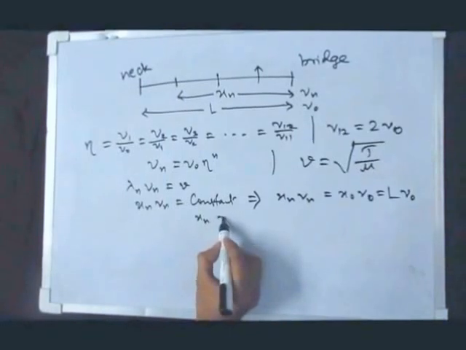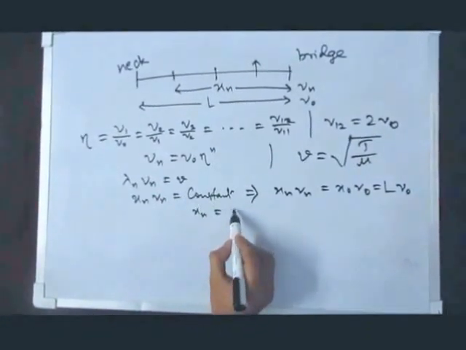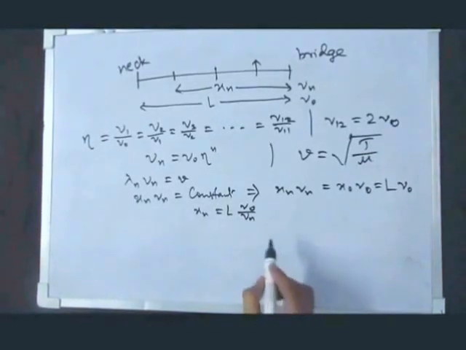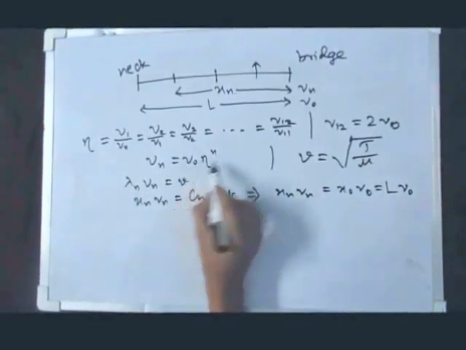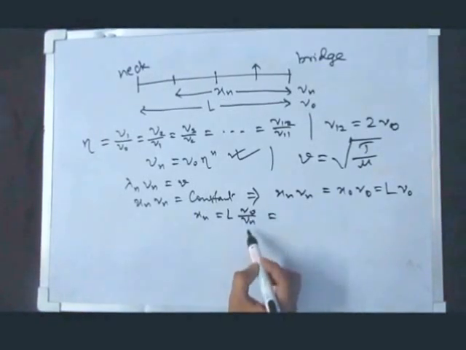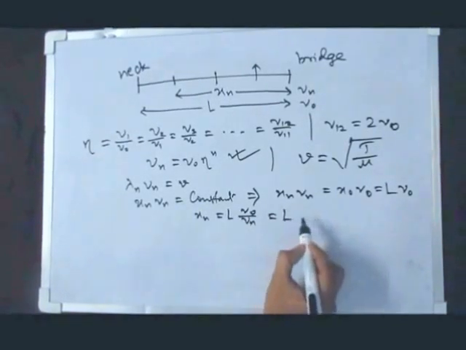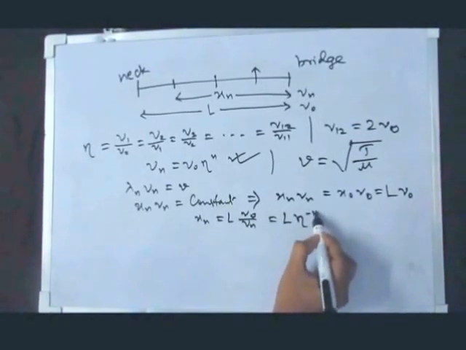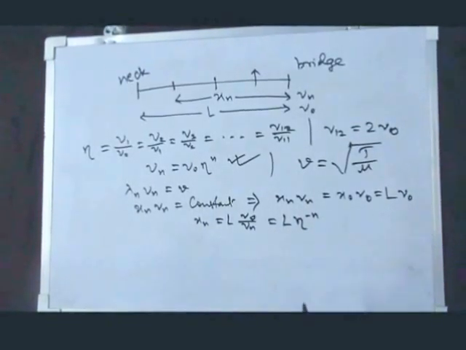So I have got xn equals L times nu naught by nu n. But then from this relation out here, I know that nu n is nu naught times eta to the power n. So I've got xn equals L times eta to the power minus n.